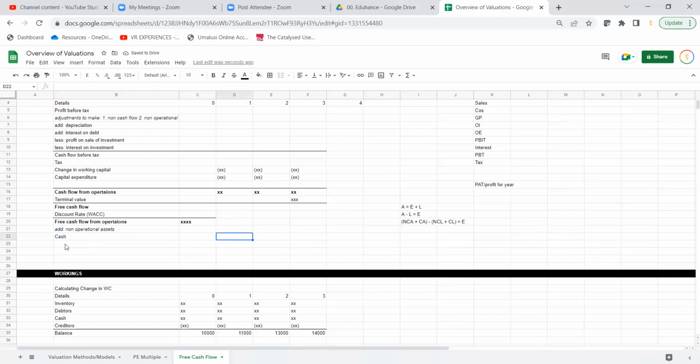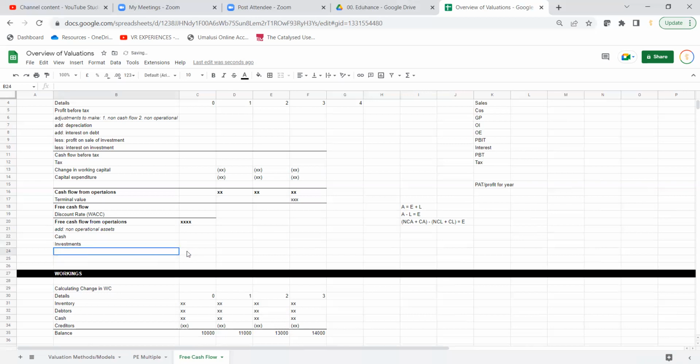Okay, then you can have other non-operational assets like investments. PPE, leased assets, intangibles, those are typically operational. You have to have a look at it within the context of the business. Typical non-operational assets are your investments in shares, investments in subsidiaries, investments in associates, and so forth.